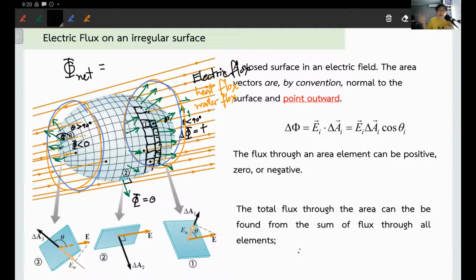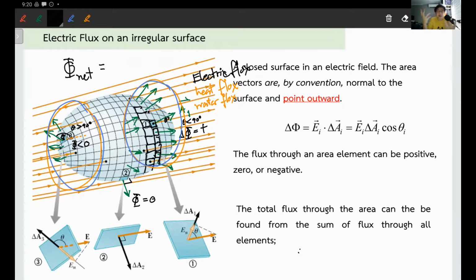If in is greater than out, this closed surface has a net inward electric field. Or if the out equals the in, you will say there's nothing here. There's no net electric field going on.